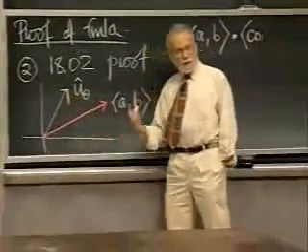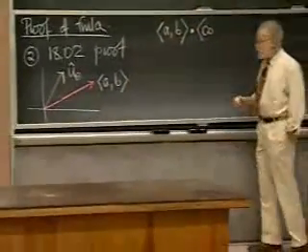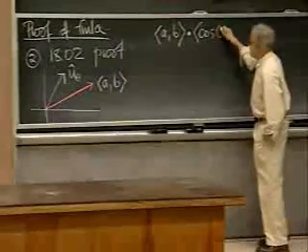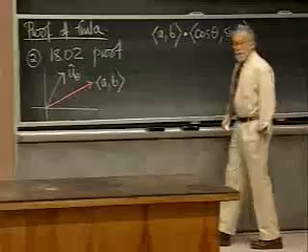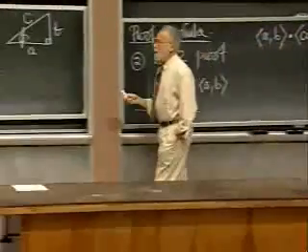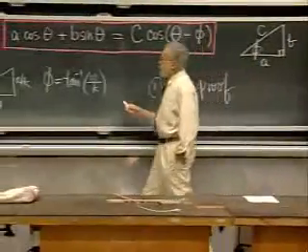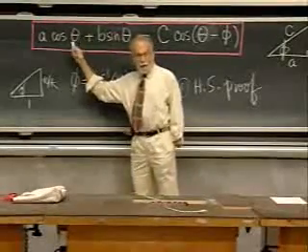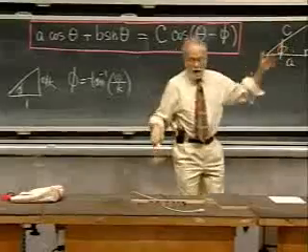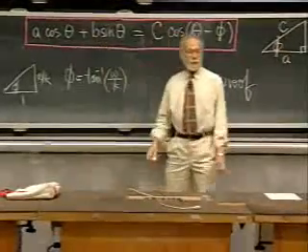It's a unit vector because cosine squared plus sine squared is 1. Now, all this formula is saying is that the scalar product, the dot product of those two vectors, can be evaluated, if you know their components, by the left-hand side of the formula.